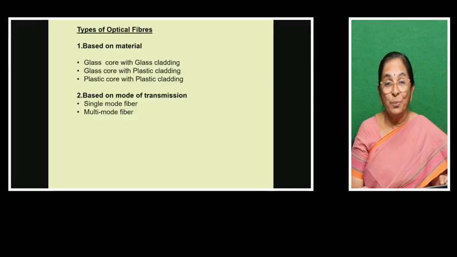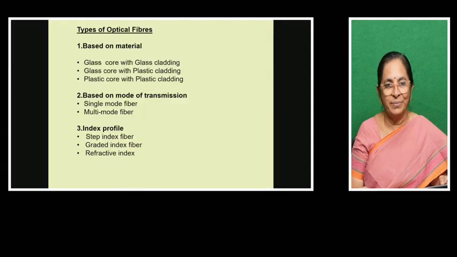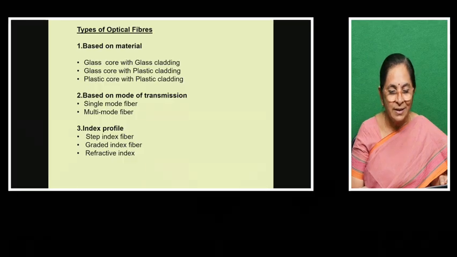Based on the mode of transmission, the optical fiber could be single mode fiber or multi-mode fiber. And based on index profile, step index fiber or graded index fiber, based on the refractive index, these two types are made. Now let me explain how optical fibers can be categorized based on material.